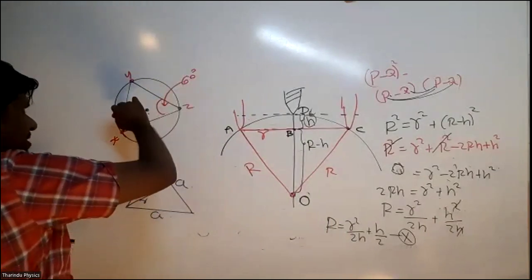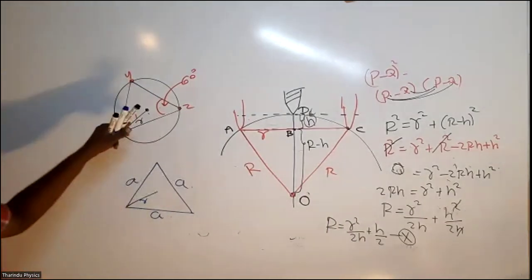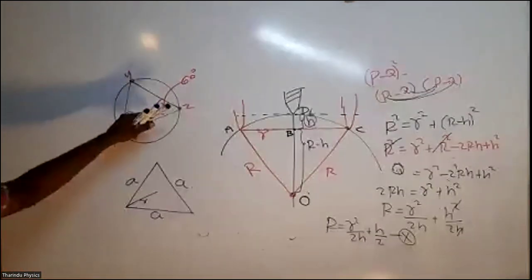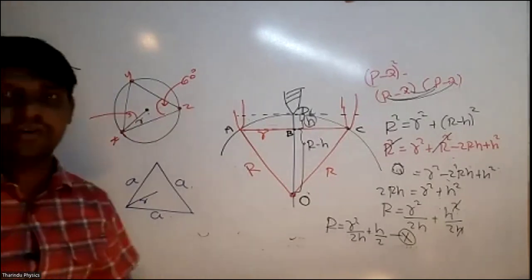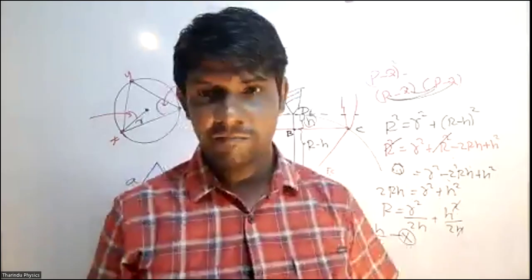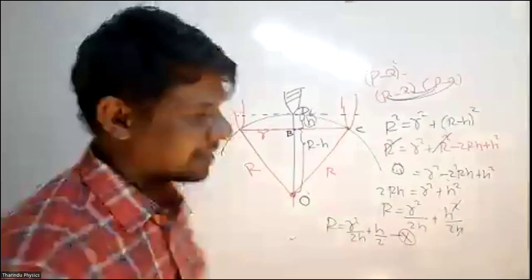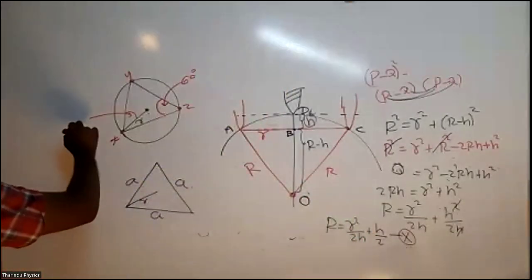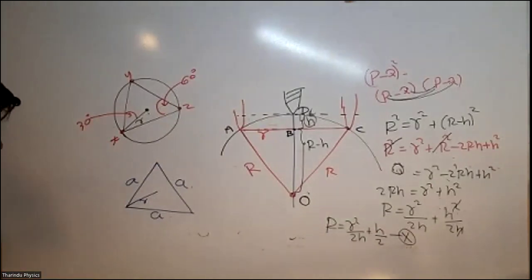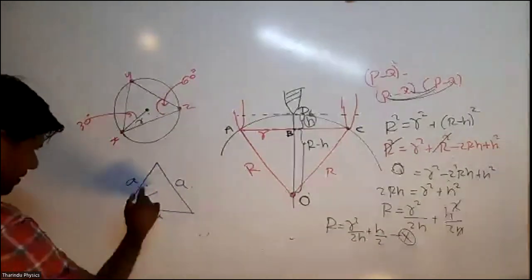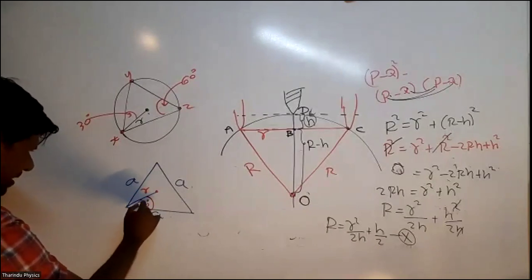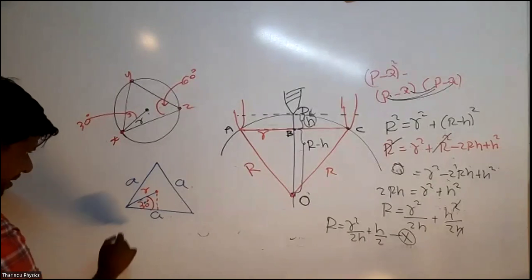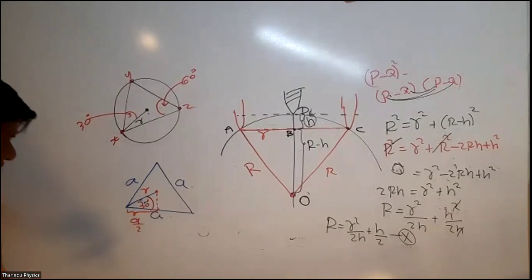Now you have just bisected here. This line will definitely bisect. What is the bisected angle? It is 30 degrees. Very good. R, and it is 30 degrees. Now what about this length? This length is A over 2.